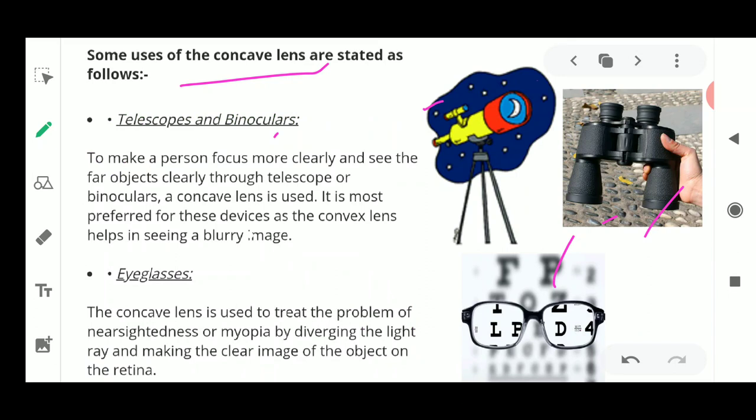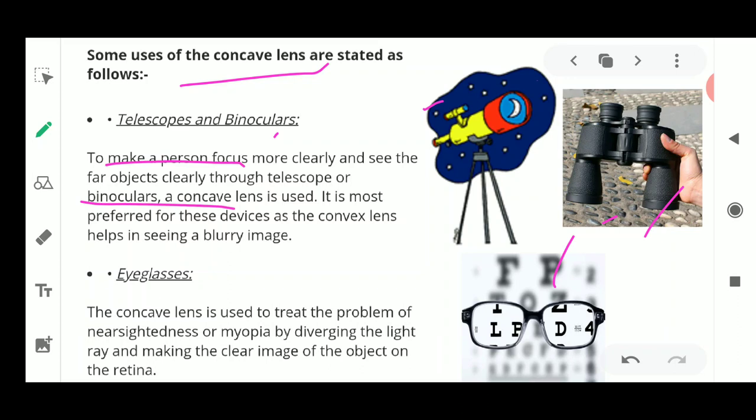To make the person focus more clearly and see far objects clearly through the telescope or binoculars, a concave lens is used. It is the most preferred device over the convex lens, which helps in seeing blurry images. So the telescope is used to see far-off objects, whereas the binocular is using this concave lens.